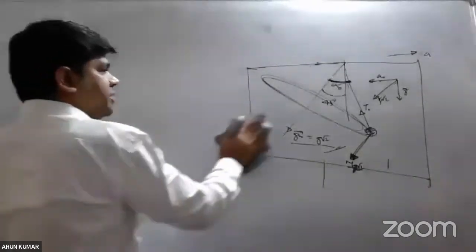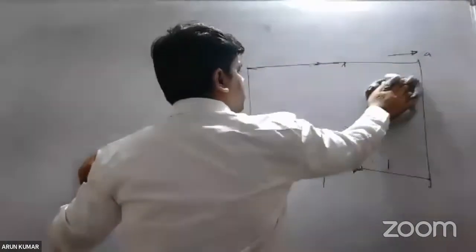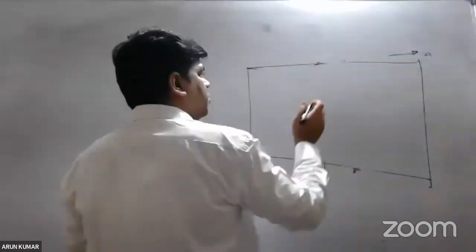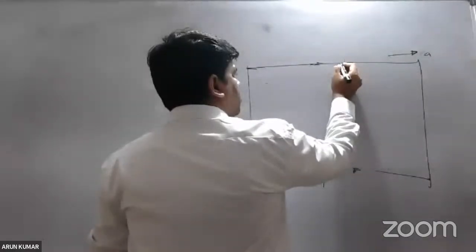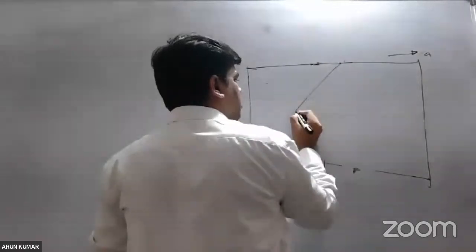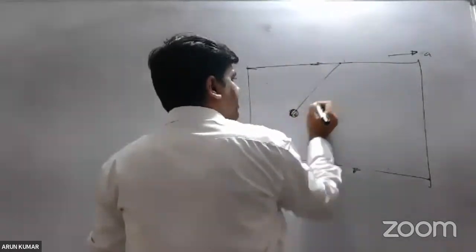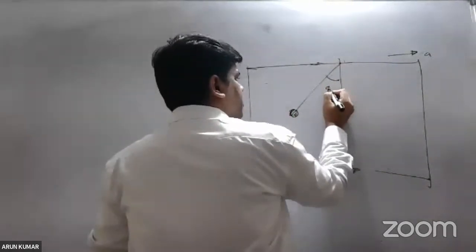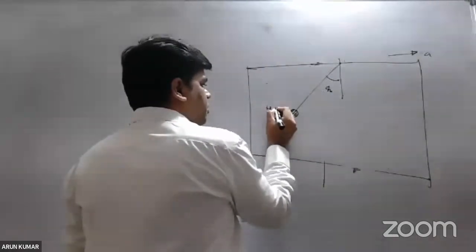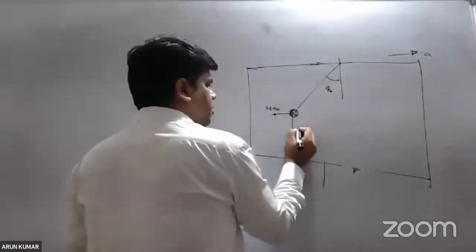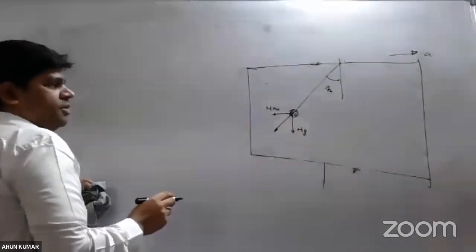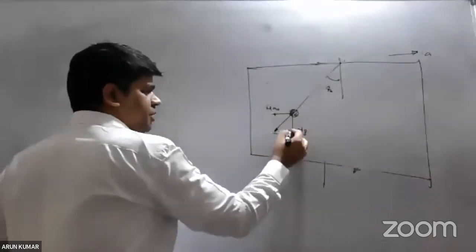See, what is happening is, if you place a particle in a car in equilibrium, it will make an angle of theta naught such that m a naught and mg give a resultant, and m a naught by mg should be equal to tan theta.